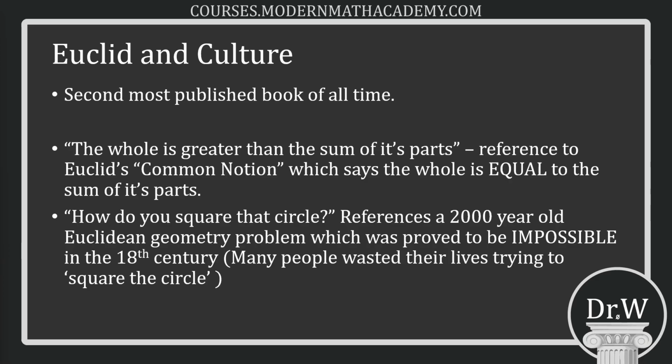People spent 2,000 years trying to construct a square with the area of a given circle. And so when someone says, how do you square that circle? What they're trying to convey is usually that you have some kind of contradiction or some problem underlying what you're saying. You have 2 ideas that are not harmonious with one another. But these are just 2 examples of how Euclid has been impacting our intellectual culture.